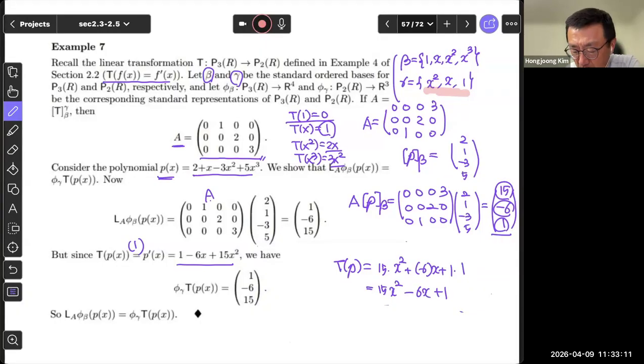So that is the same as this image, but since the bases are changed, in this example the matrix A is changed. Sometimes A and the coordinate in beta will be changed, but the result of the multiplication will be the coordinate of the image when gamma is used as the basis.